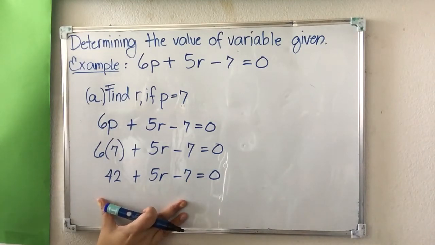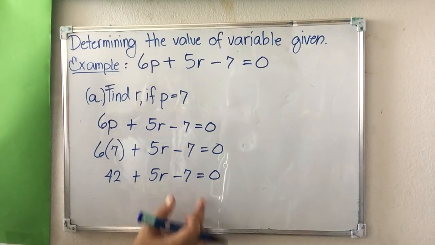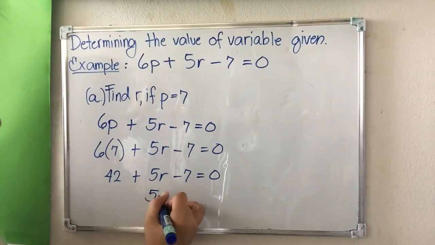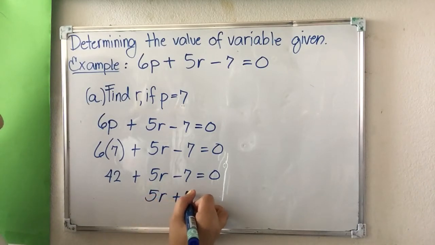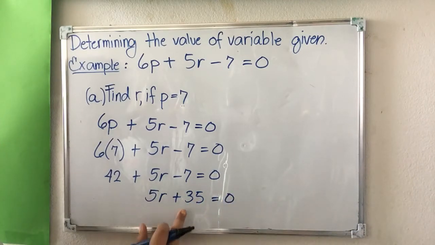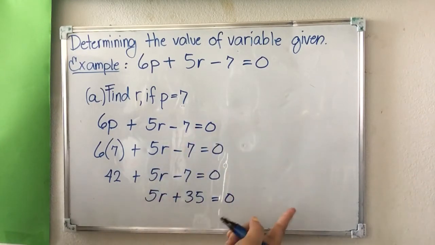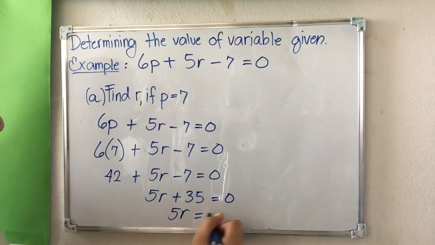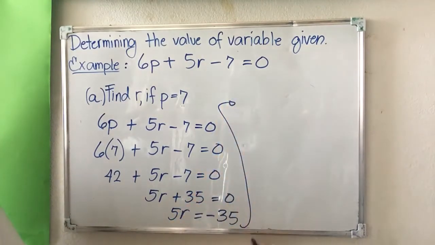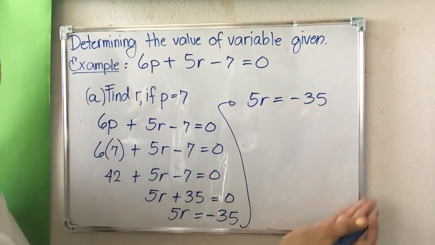Okay, so simplify this one. 42 minus 7 is equal to 35. Very good. So 5r plus 35 is equal to 0. Now let's move 35 to the other side. So we have 5r is equal to negative 35.